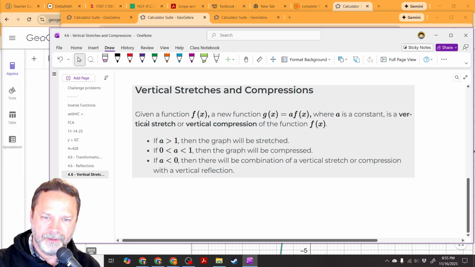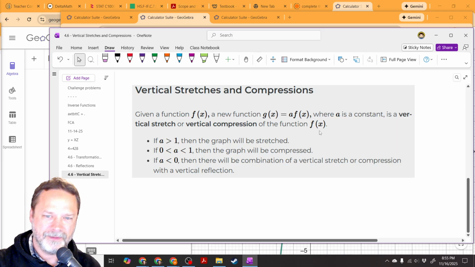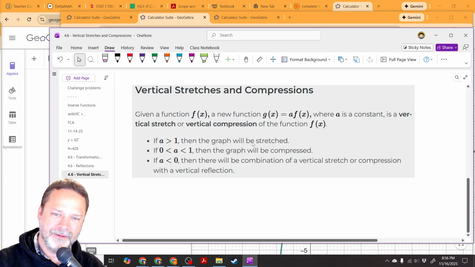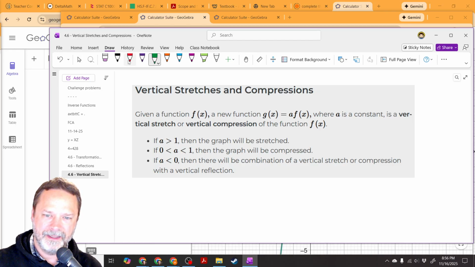Here's what we want to memorize and know. Given a function f of x, a new function g of x equals a times f of x, where a is a constant, is a vertical stretch or vertical compression of the function f of x. If a is greater than 1, the graph will be stretched. We might want to make a note here that it's really if the absolute value of a is greater than 1, and I'll go ahead and make that change here.